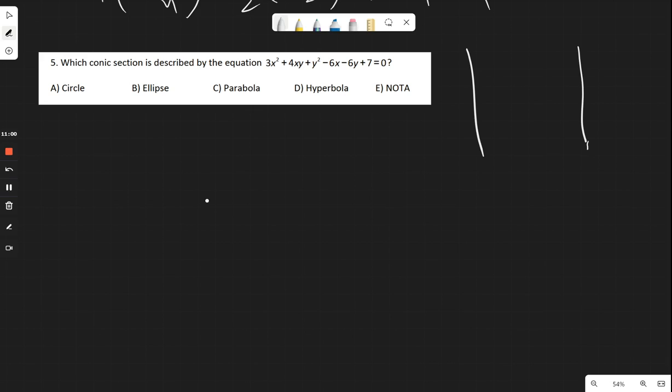Do it with me. So we have the A term, we have the B over 2, which is 4 over 2, which is 2. Our C term is 1. Our D term is -6, so this is -3. Our E term is -6 as well, so you get -3, and our F term is 7. So when we take the determinant, we get 3 times 7 minus 9, so we get 3 times -2.